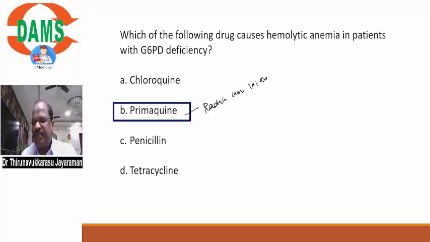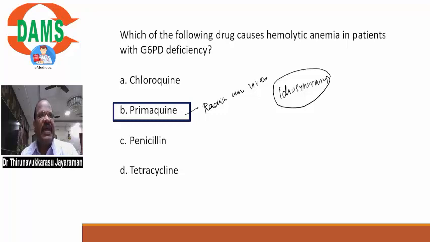So, a drug causing a problem only in some genetically abnormal people, not in all people, is called idiosyncrasy, also called pharmacogenomics. But sometimes chloroquine also may cause this problem, but the incidence is rare. The best answer for the question is option B, primaquine. Penicillin and tetracycline don't cause this type of problem. So we can go boldly for option B.